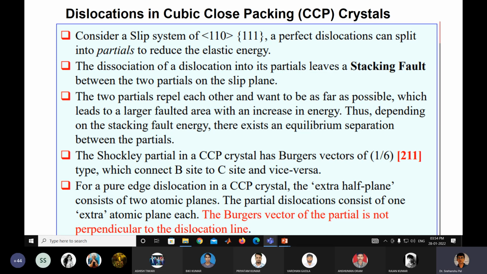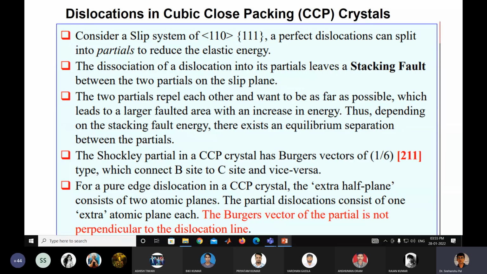the extra half plane consists of two atomic planes. Each partial consists of one extra atomic plane, and the Burgers vector of the partial is not perpendicular to the dislocation line. These are very important statements one should remember, and that can be understood by a simple geometrical drawing.